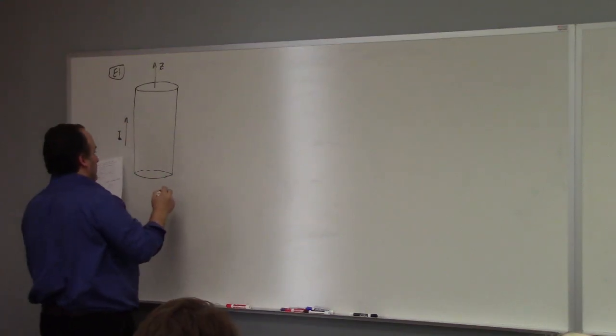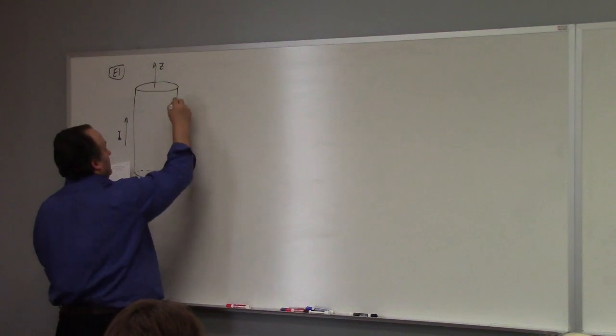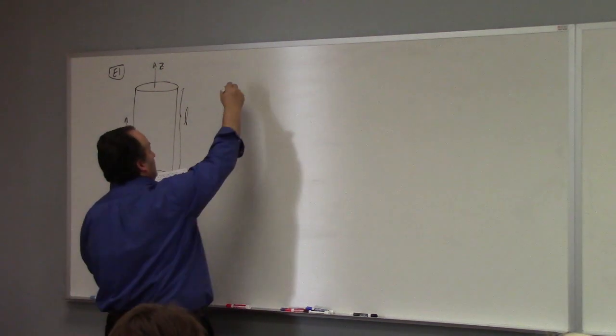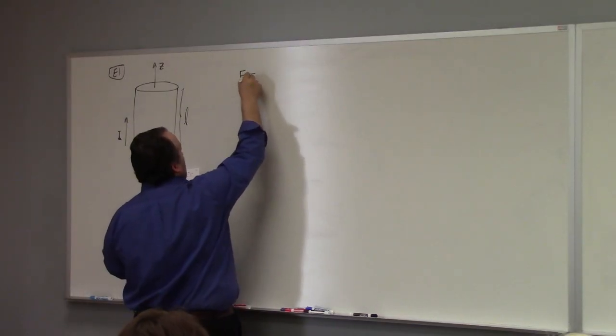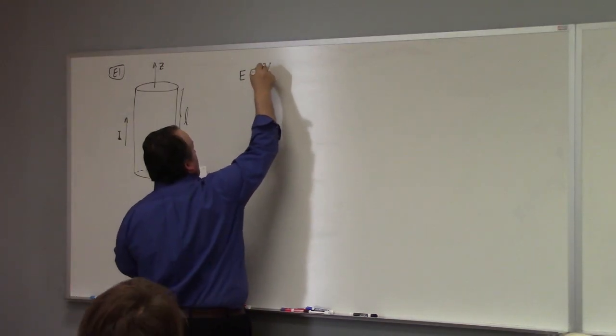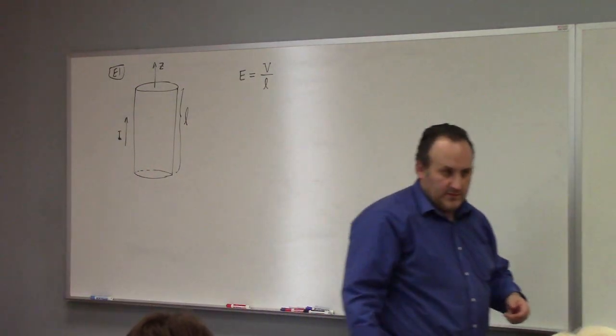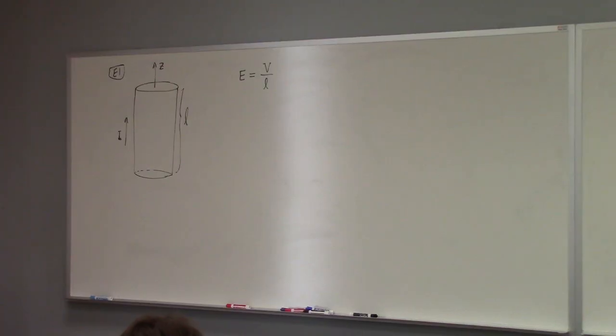All right, and this distance is L. First of all, the electric field, the magnitude of it should be V divided by L, because we're talking about a uniform situation here. So E times L would be equal to V, and of course V is just the difference in voltage from the top to the bottom of this thing.